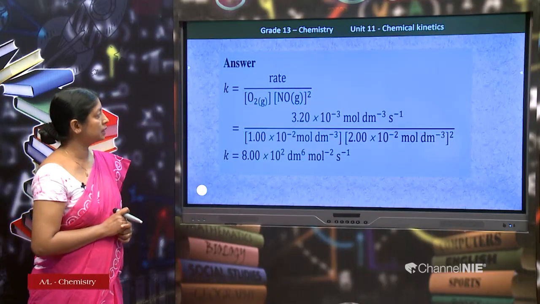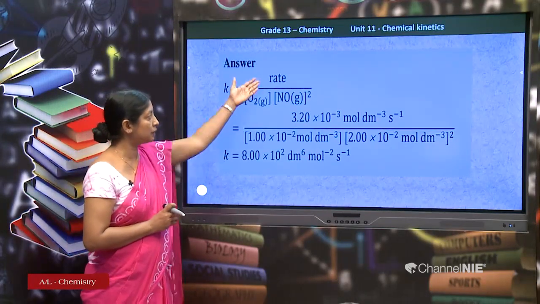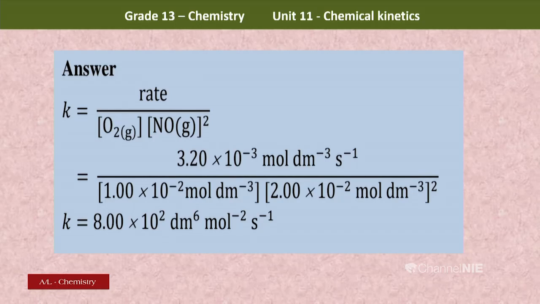To calculate the rate constant, we need to divide the reaction rate by the concentration of oxygen and the concentration of NO. Again clearly you can see in this question the given values are substituted with units. Even in the exam you have to substitute the given experimental data with correct units.